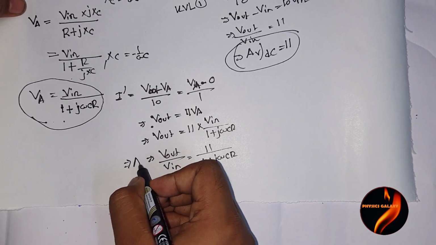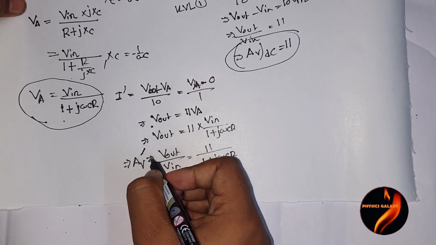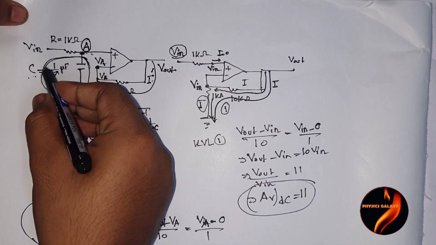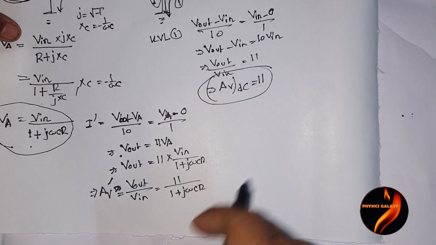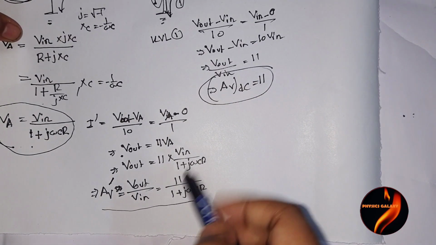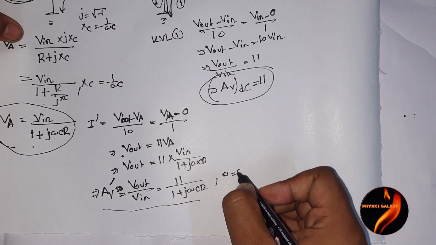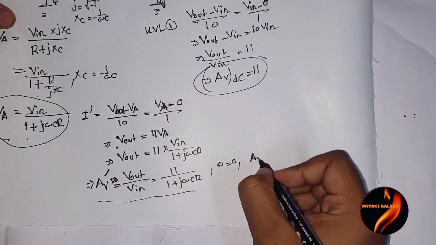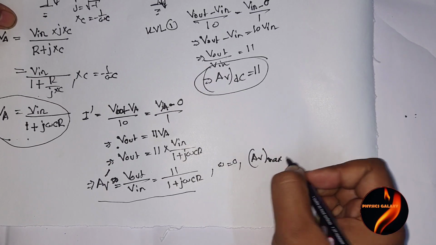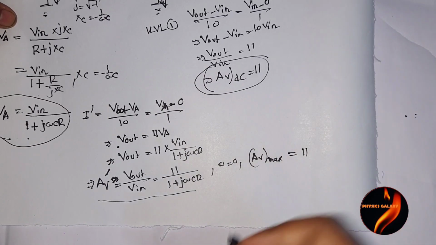Let us denote this one by A prime. So this is the voltage gain when the capacitor is present in the circuit. From this expression we can say that when omega is equal to 0, the maximum voltage gain is 11.